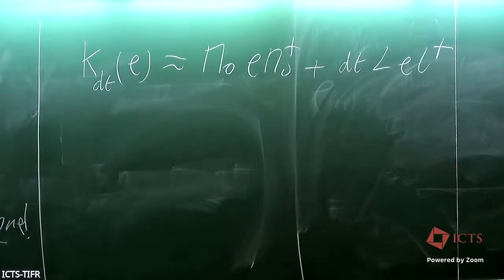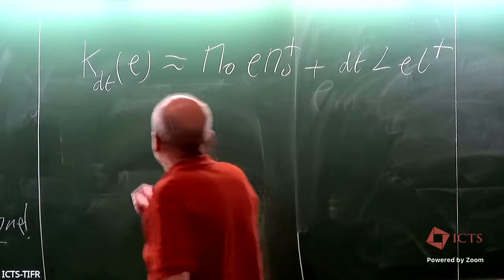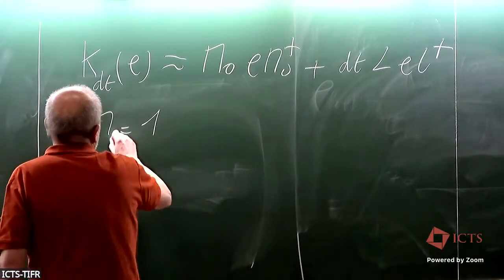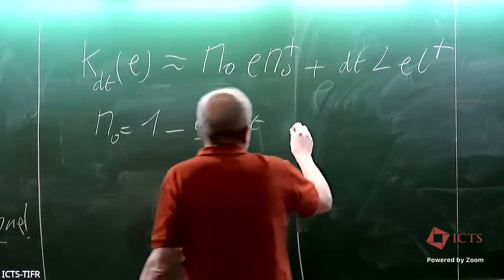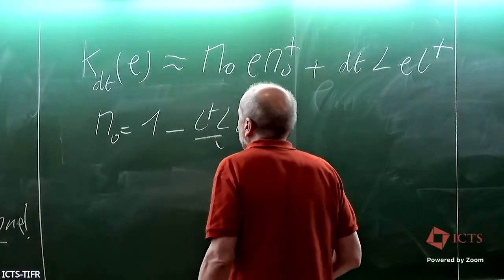If I use this, okay, eta is equal to 0, I have only one term, with M0 equal to 1 minus L dag L over 2 dt. Okay? It is this.